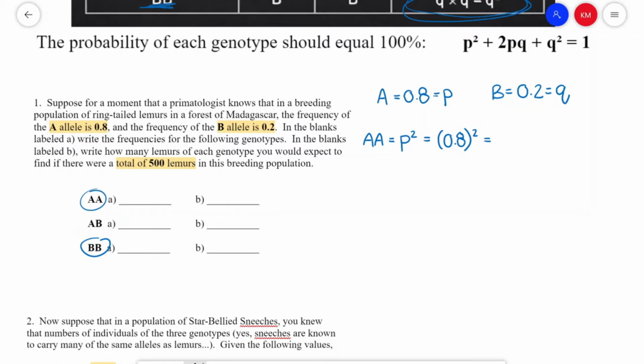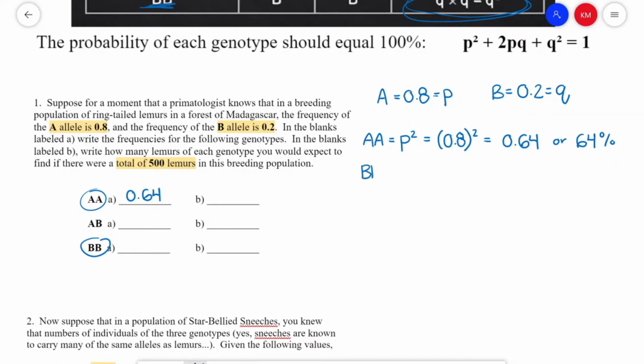And if you plug that into your calculator, you should get 0.64. You could also write this as 64%, if you like to think of it in percentages. Okay, so that would be AA. I'm just going to write 0.64 because we're going to do something with that number in just a moment.